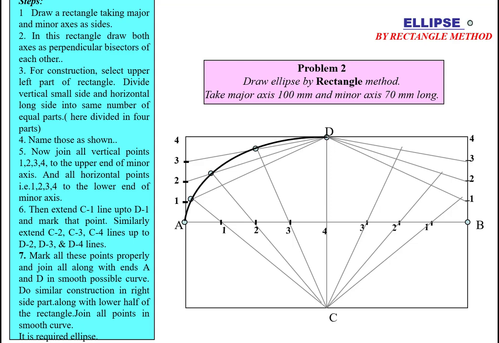We'll get here P6, P7, P8 and P9 points. Join them by French curve or freehand. And the same method which we did above, we have to do in the lower rectangle. So we'll get here the full ellipse by rectangle method.